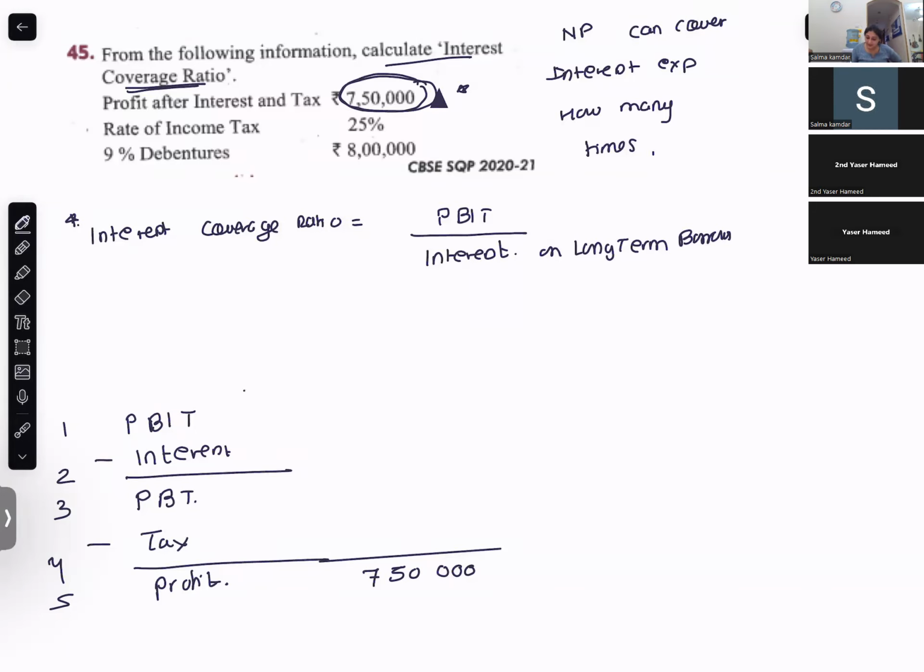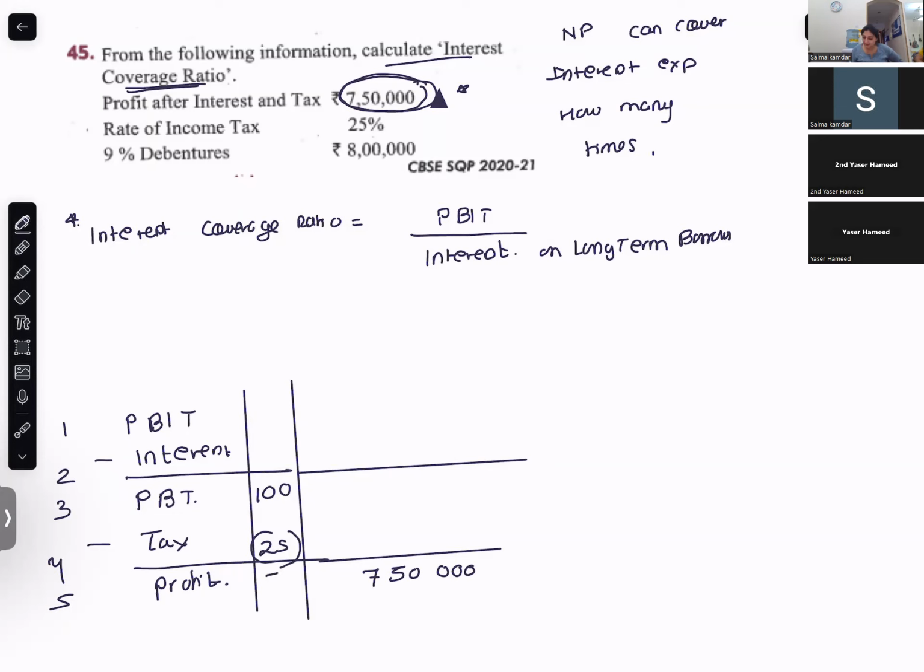Rate of tax is how much? 25. Tax is on what? So profit before tax is 100. If 100 is profit before tax, tax is 25.